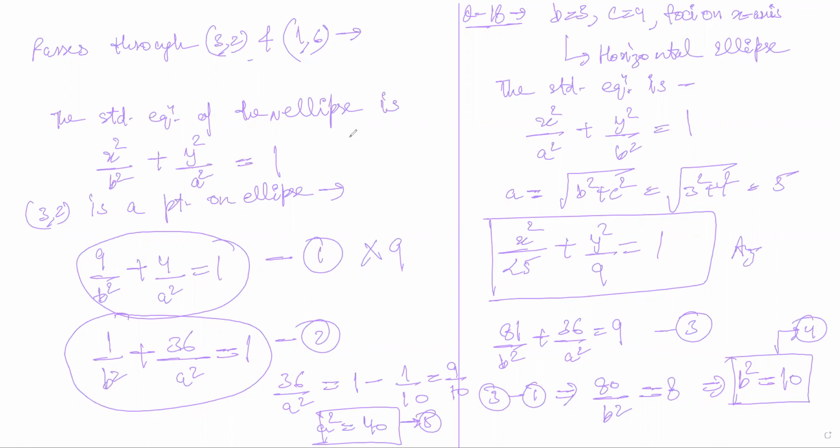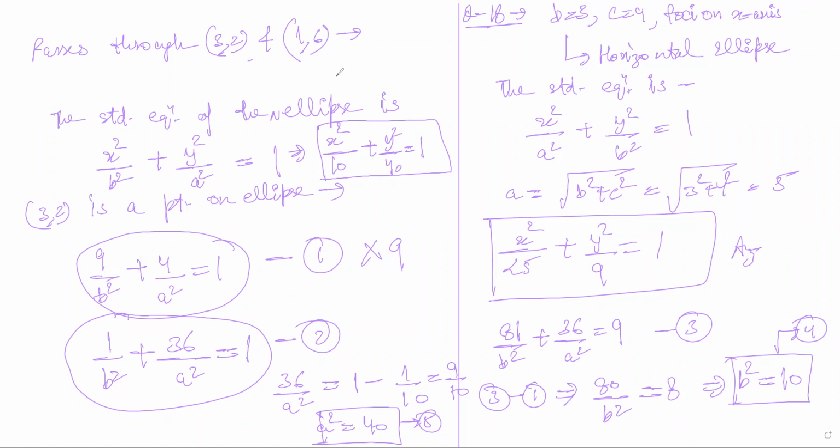So the equation should be x square by 10 plus y square by 40 is equal to 1. So can you solve question number 20th in the similar manner?